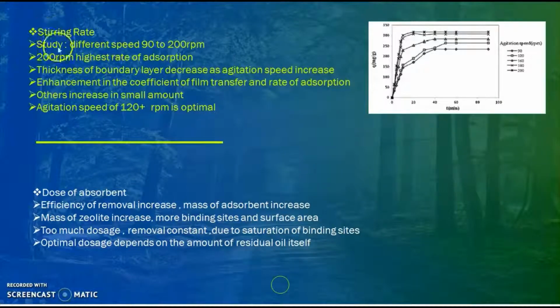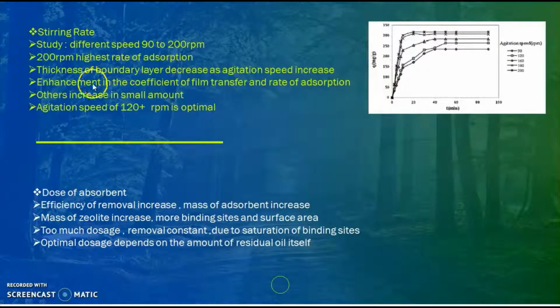The second one is the agitation rate. A study was made by using different agitation speeds which range from 90 to 200 rpm. We can see in the figure here that the agitation speed of 200 rpm has the highest rate of adsorption.